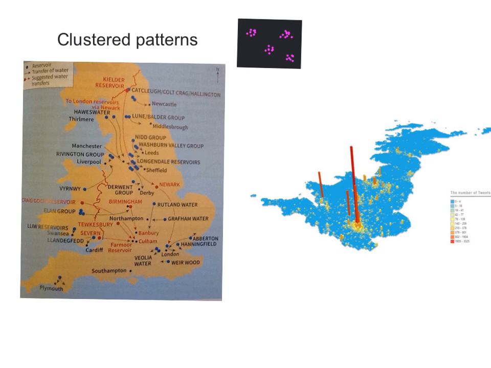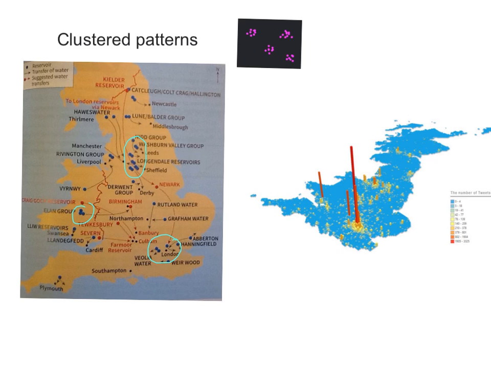And finally, let's look at clustered patterns. Let's start with the map on the left, which has a lot of information, but let's focus solely on the blue dots, which show reservoirs. We can see clusters of reservoirs here and here and here. So many of the reservoirs in England and Wales are clustered.